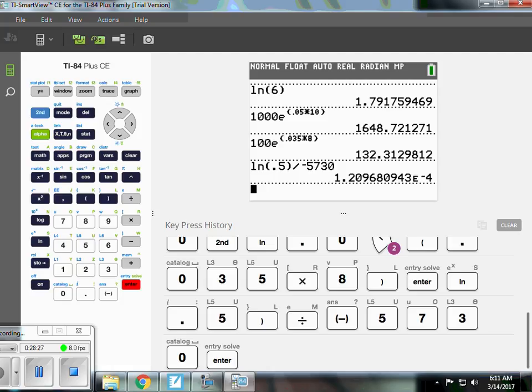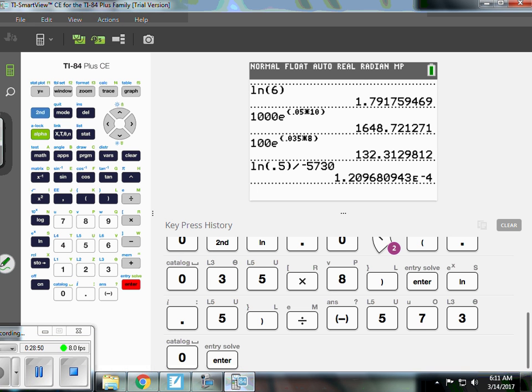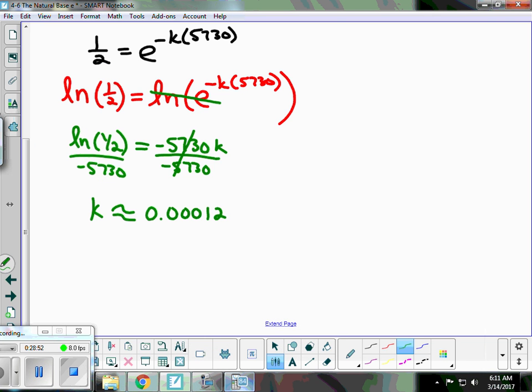E to negative 4 means we move the decimal 4 times to the left. So that would be 0.000, so 1, 2, 3, 4. Yeah, that's right. And is it negative or positive? Okay, it's a positive value. So that's our K value.